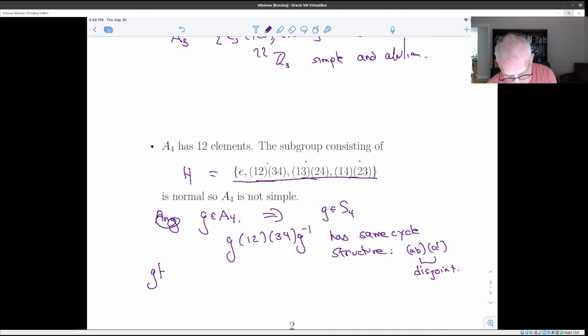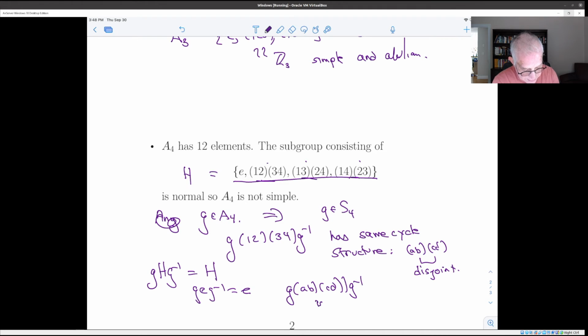If you do G H G inverse, you have to get H, because G E G inverse is E, and G times (A B)(C D) times G inverse is another product of disjoint transpositions.